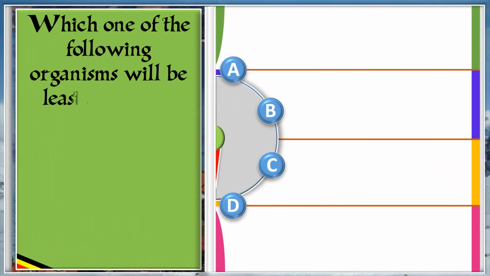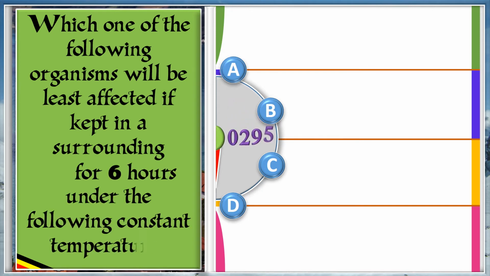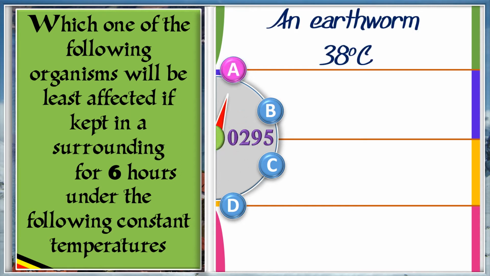Which one of the following organisms will be least affected if kept in the surrounding for 6 hours under the following constant temperatures? A. Earthworm at 38 degrees Celsius. B. A rat at 4 degrees Celsius.